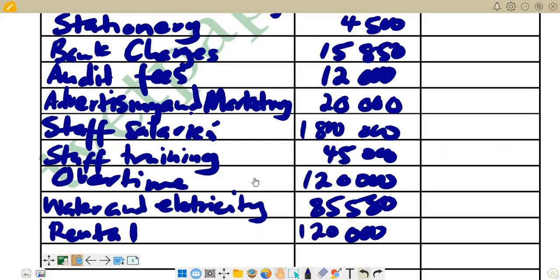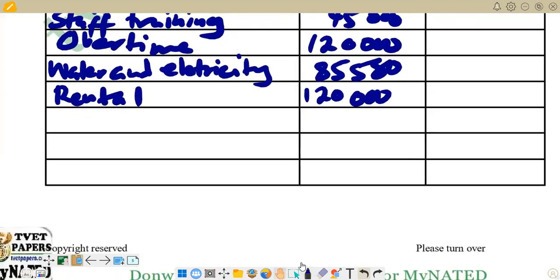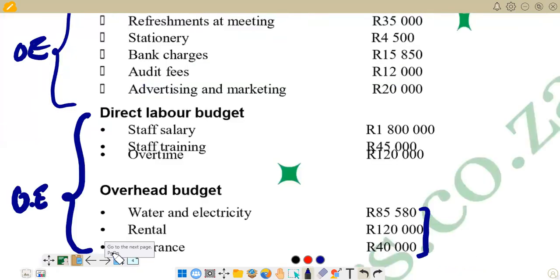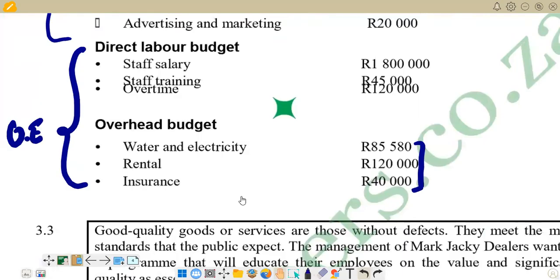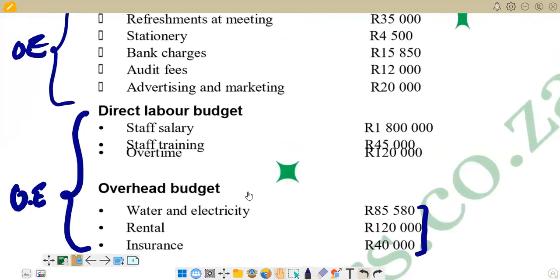Then we can go down. We are seeing that beneath rental, we've got insurance, which is 40,000. So we can go back there to recheck if you've got anything else. So this marks the end of all the operating expenses that we have.